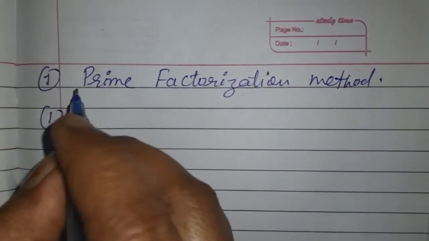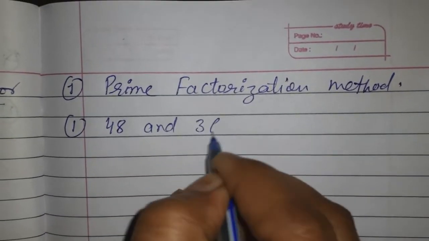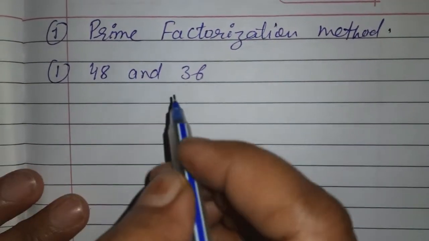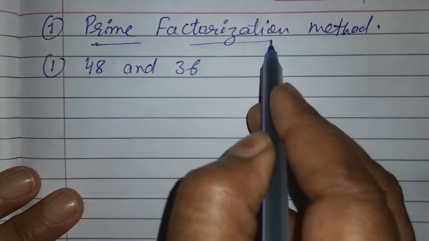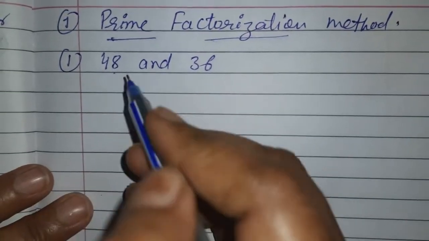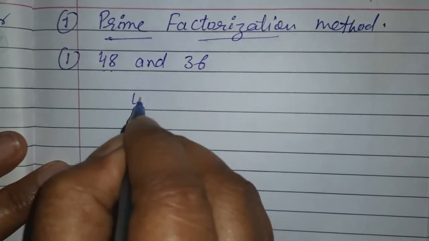Find the HCF of 48 and 36. These two numbers are there. First you know prime factorization, how to find the prime factors of any number. So let us do the prime factorization of these numbers. Take the first, 48.